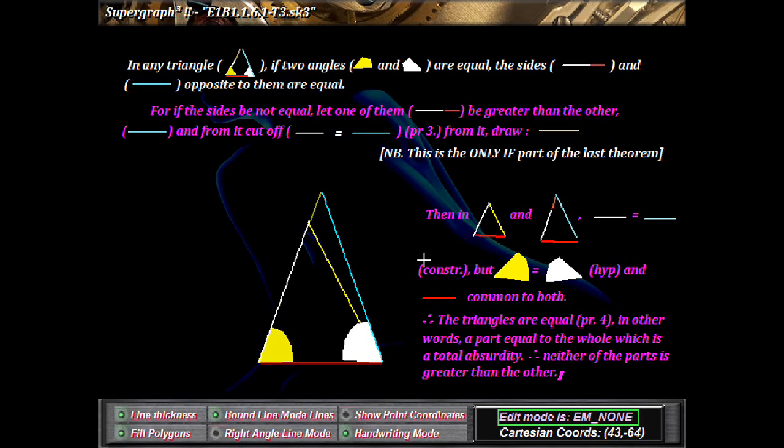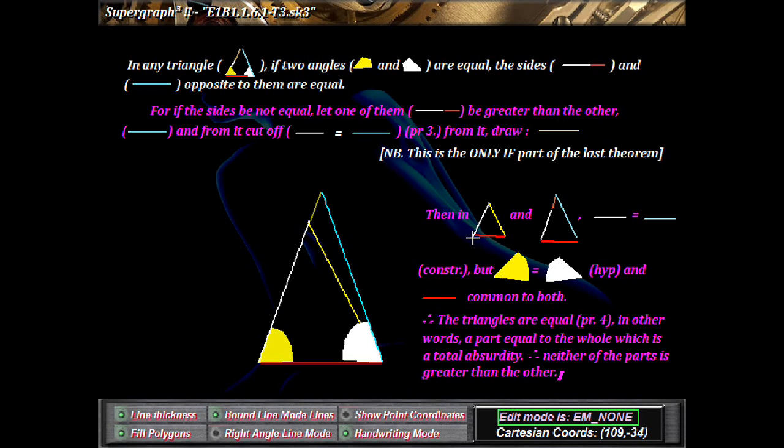I ran out of room. But we've supposed that these two angles are equal. That's our hypothesis. In any triangle with two equal angles, we want to show that the sides have to be equal as well. So we've supposed that these angles are equal.